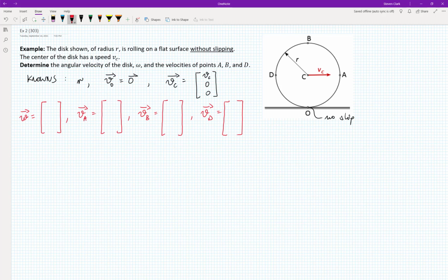All right, here is my solution. I will start with some auxiliary drawing. So this is our circle. Let's say that this is point O. So we know that velocity at point O is 0.